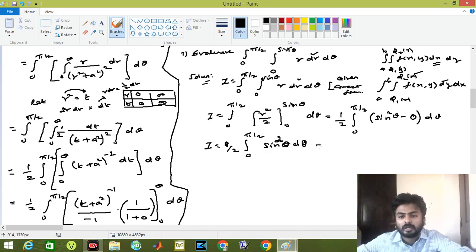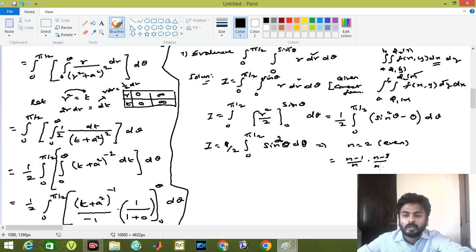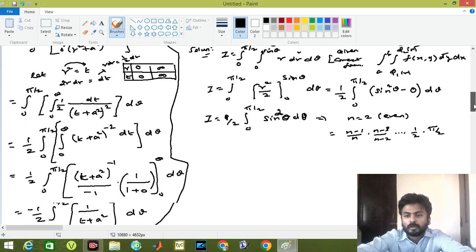Here n equal to 2, which is even, so your formula is n minus 1 by n into n minus 3 by n minus 2 etc. into 1 by 2 into pi by 2, okay. This is your formula.